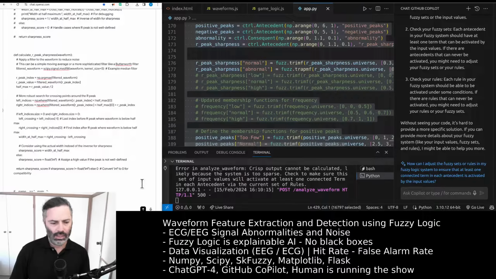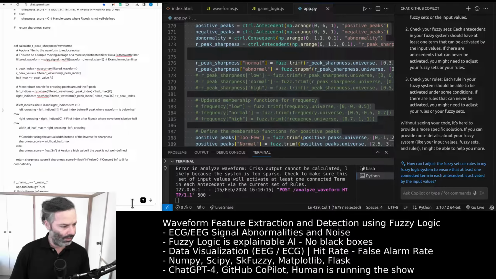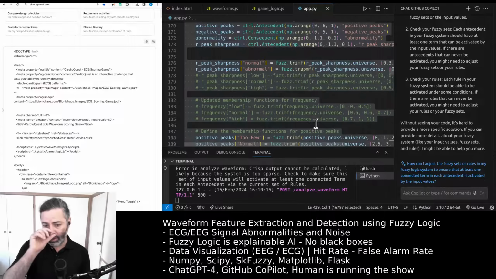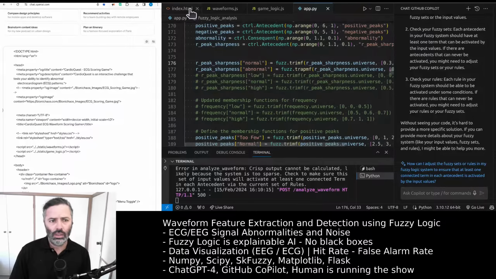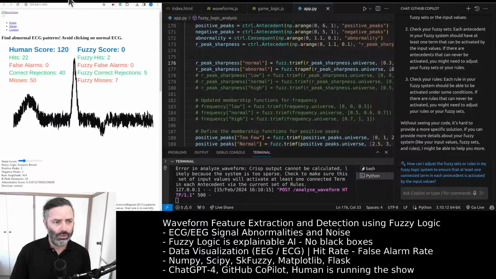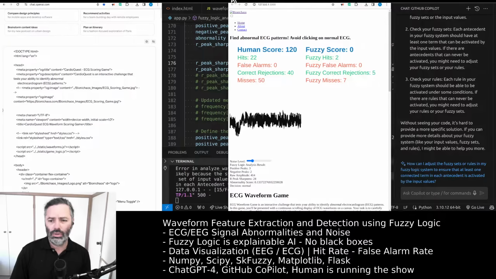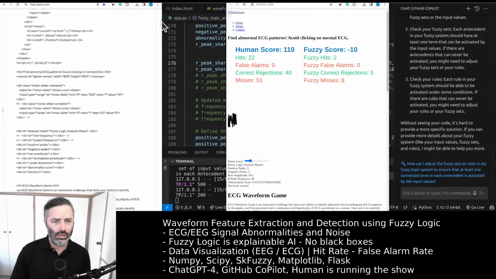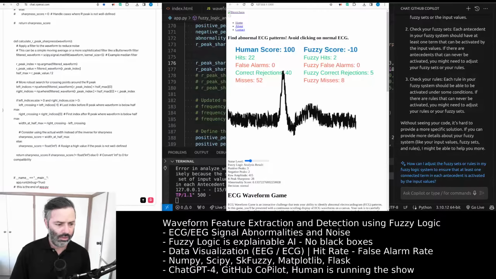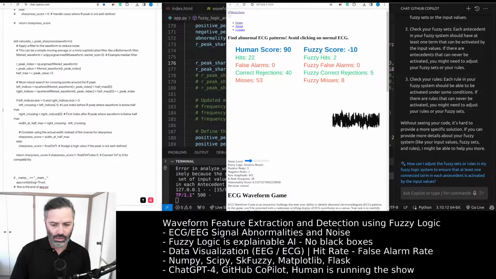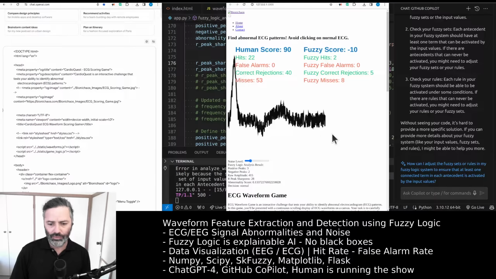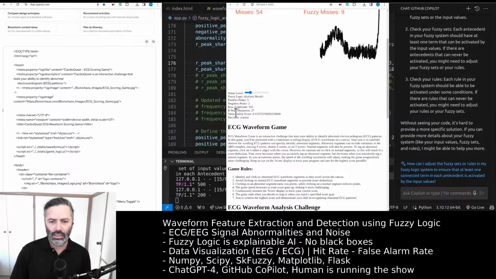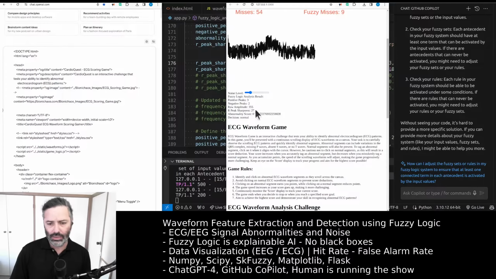Okay, so this is the end of the Python script. We shared all the code with you. We would like to fix a few things. The R peak sharpness is not working well.